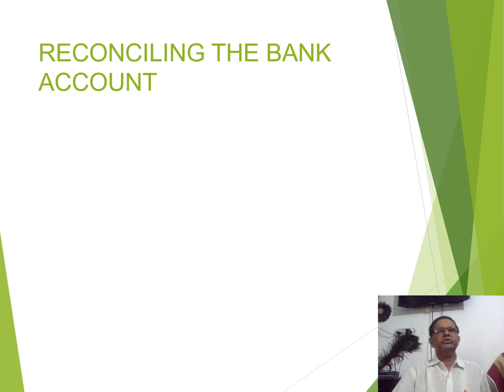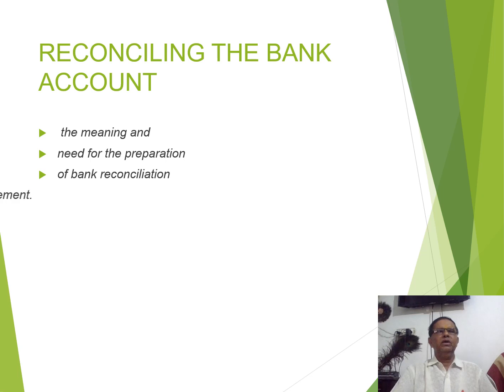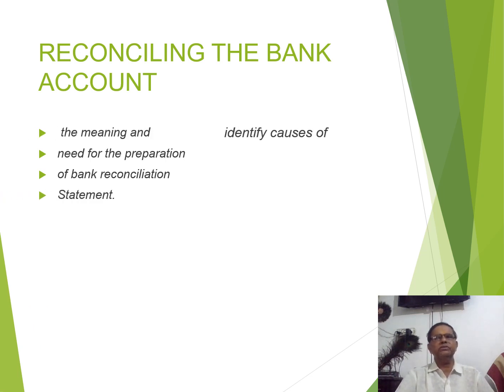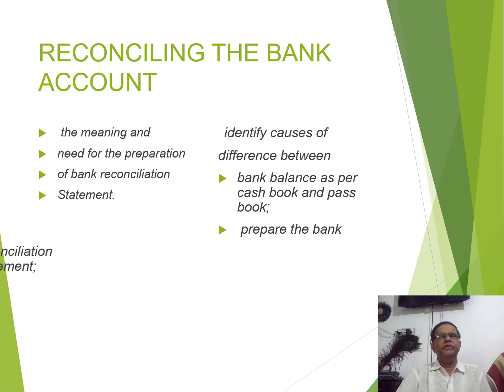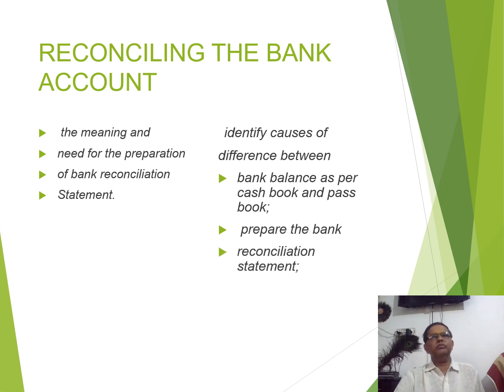So today we are proceeding to the other parts of basics of accounting, that is reconciling the bank account. It is very important in any business organization because we are maintaining different sets of books, cash book and bank account.